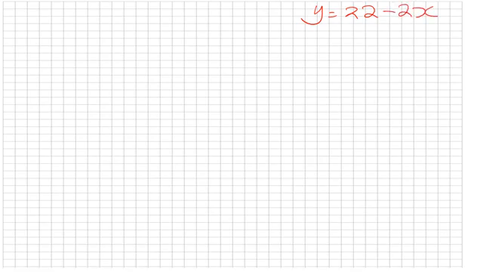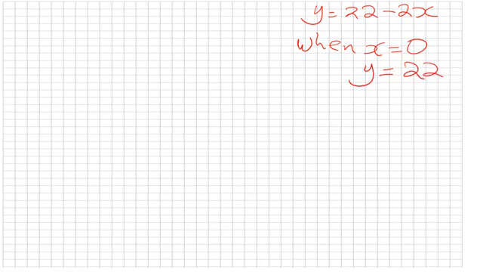Okay, since we know it's a straight line, we can say when x is equal to 0, y will be equal to 22.